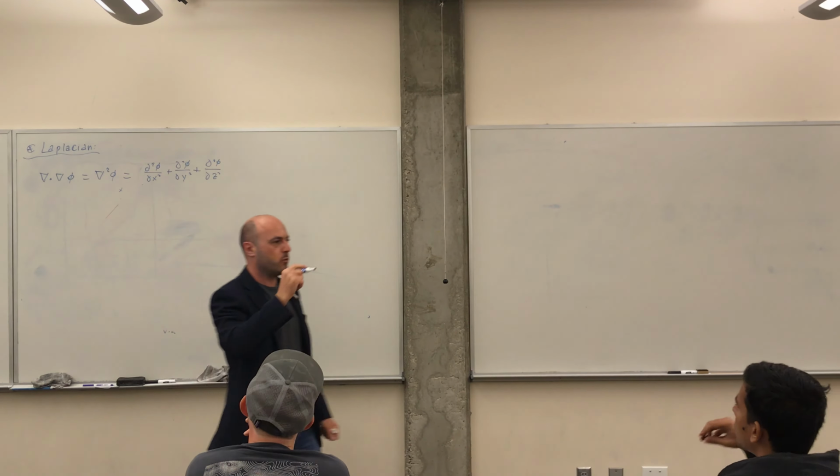What is that going to give us? It's going to give us a tensor of rank 2, a tensor with 9 components. So rank 2, 3 to the power 2 components.